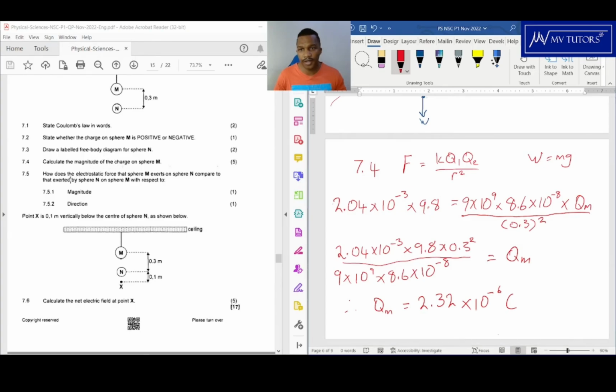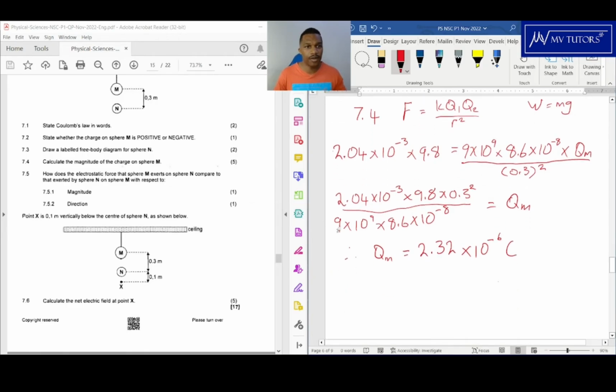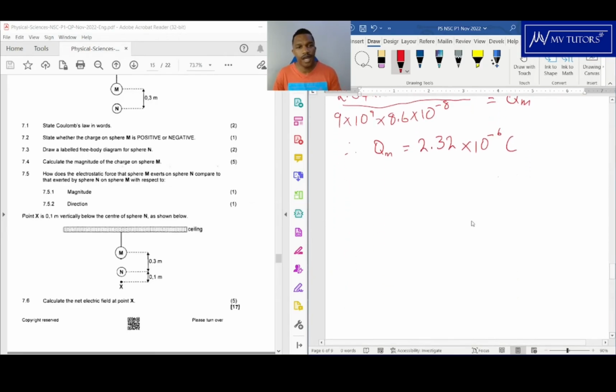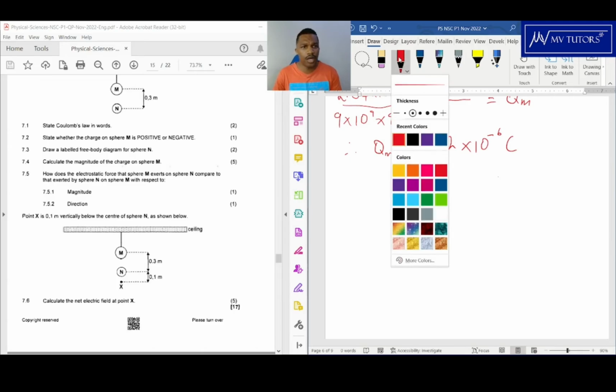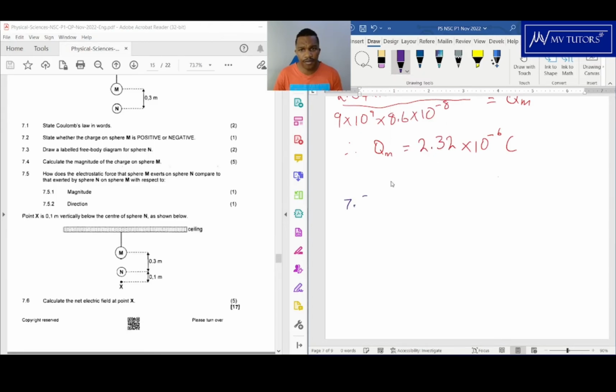Now moving right along, 7.5. How does the electrostatic force that sphere M exerts on sphere N compare to that exerted by sphere N on sphere M? Let's do those questions. Now let's go purple this time. Well, when it comes to magnitude, it's the same magnitude.